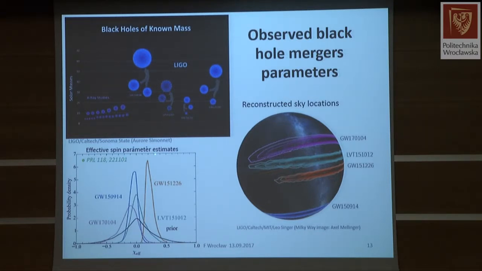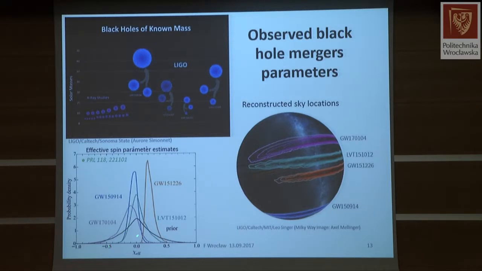Another important quantity is the spins of these black holes, and here what is shown is a certain parameter, the effective spin parameter, which is a linear combination of the projections of the spins of the black holes on the orbital angular momentum, and what is shown here are the posterior probability distributions. One estimates the parameters in this analysis through Bayesian analysis, and the results are simply posterior distributions of the parameters.